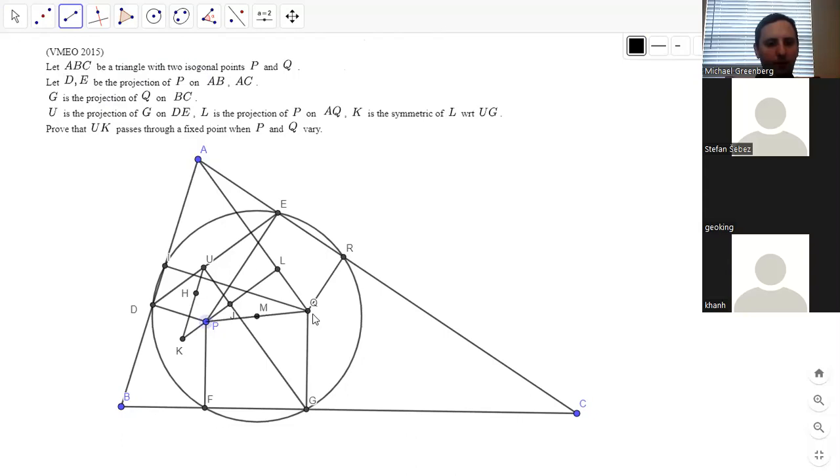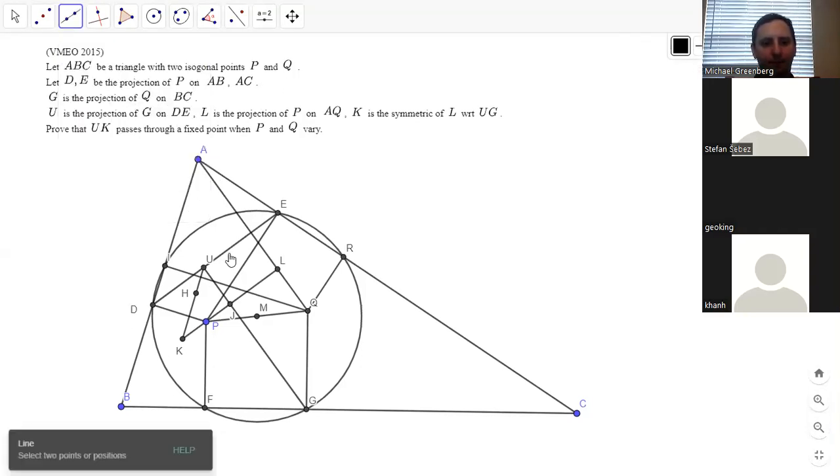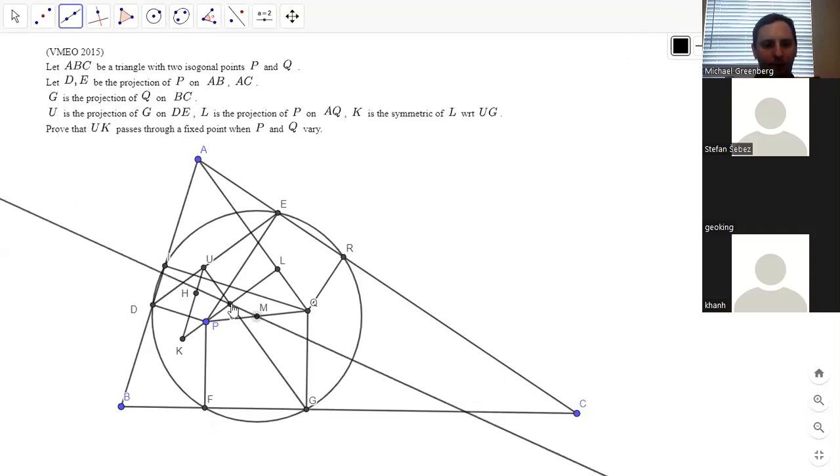I thought that MH is perpendicular to DE. Oh, not in this picture. Okay, I think I made a mistake. It's all right. H, J, and M, I was wondering that too. I don't think so. No.